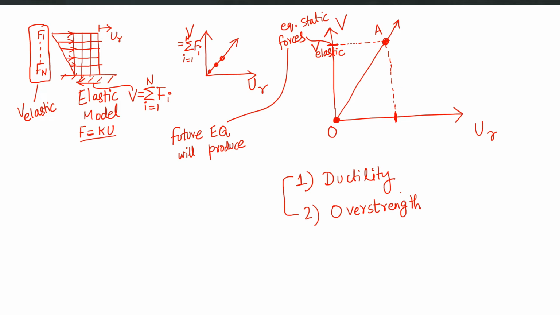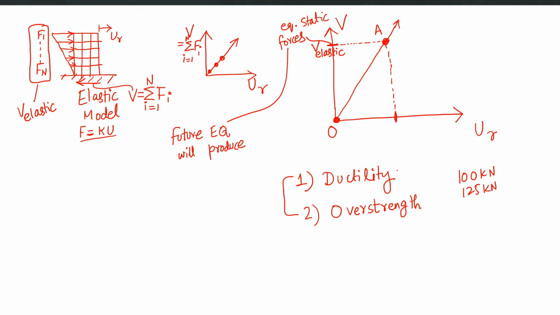Similarly, ductility also. Ductility is a property to withstand deflections without significant failure. It is very useful: in different past earthquakes it was observed that if a structure is designed on a force of 100 kilonewton, for example, and an earthquake occurred which could potentially produce a force of 125 kilonewton, the structure was still able to sustain that force higher than what it was designed for.